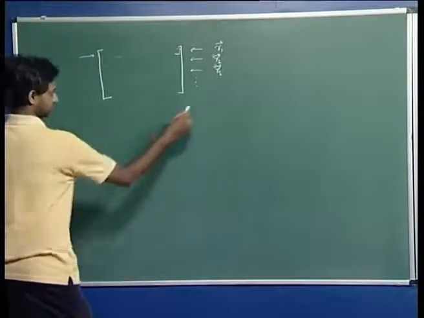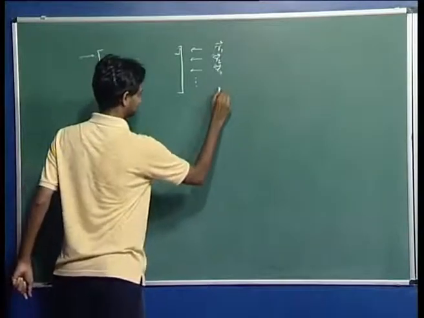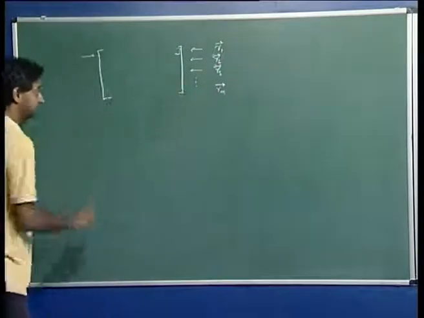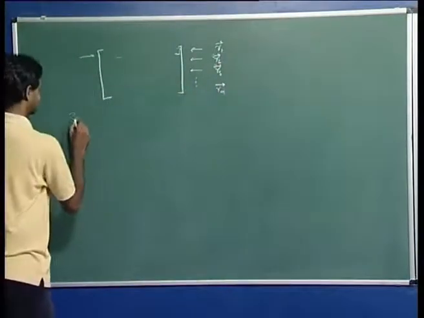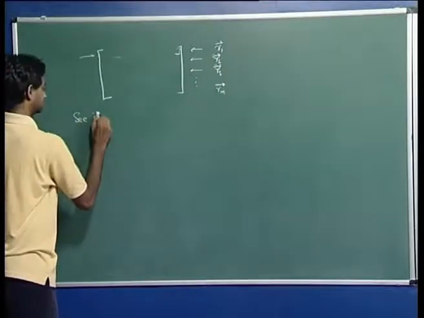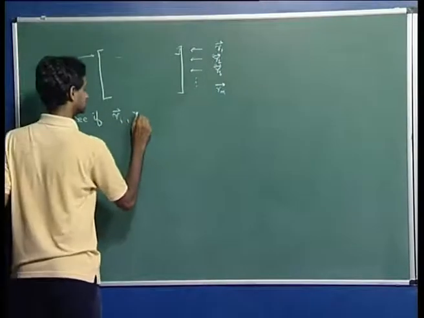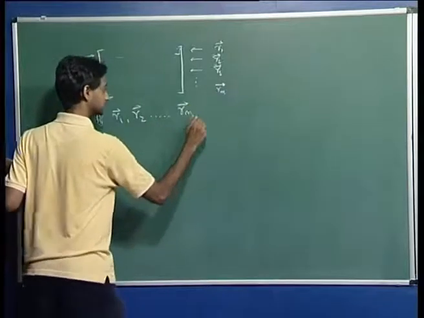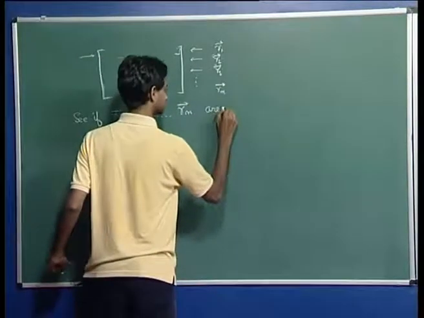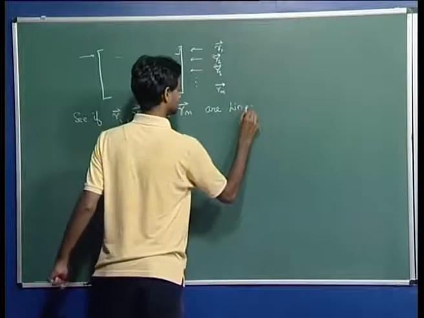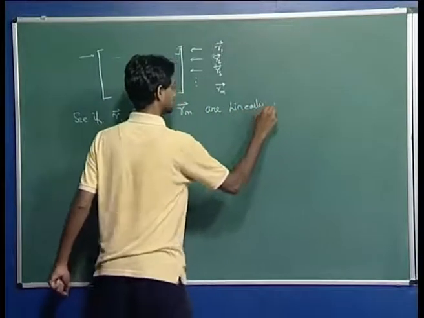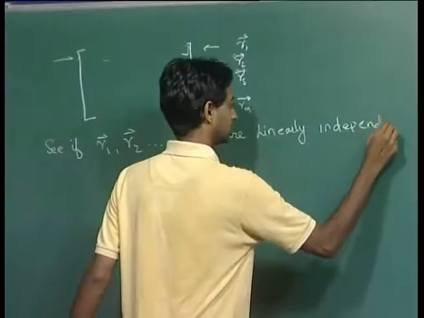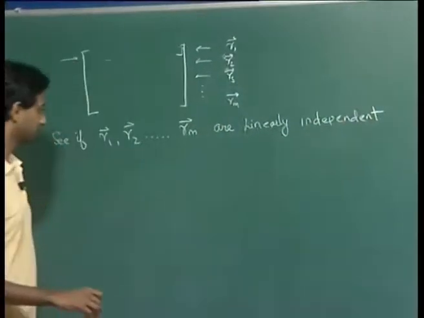Okay. So, the first thing to do is to see if all these vectors are linearly independent. Let us say we have a total of m vectors, R1 to Rm.